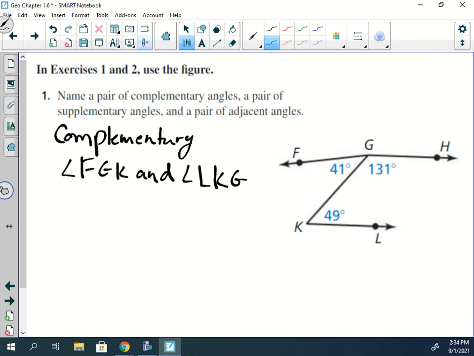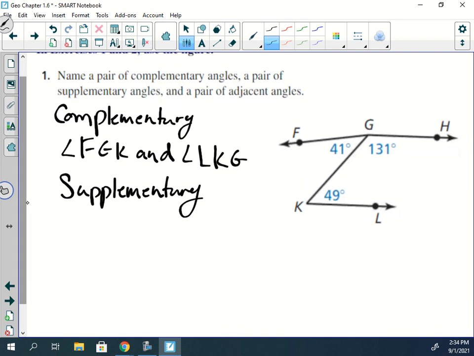So those would be complementary. They have to be exactly 90 degrees. If they're complementary angles, they add up to be exactly 90 degrees.